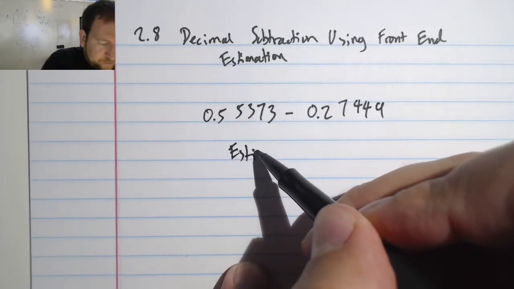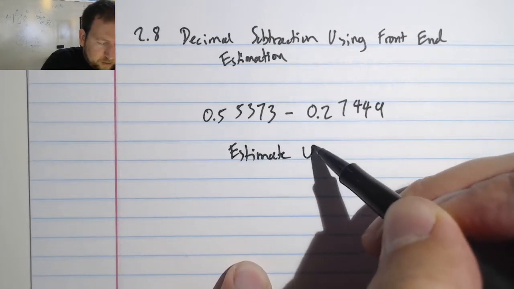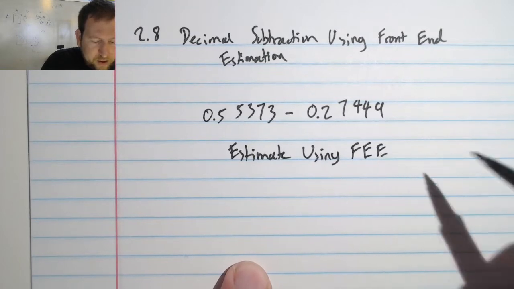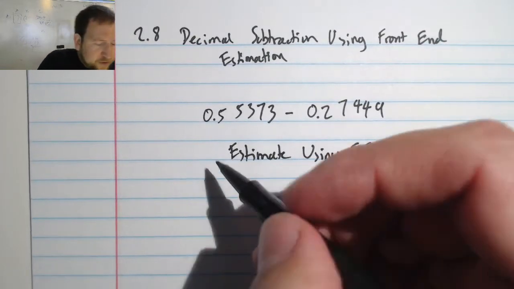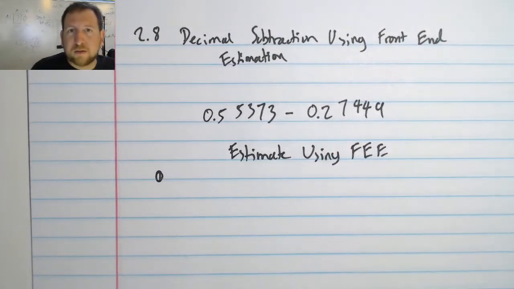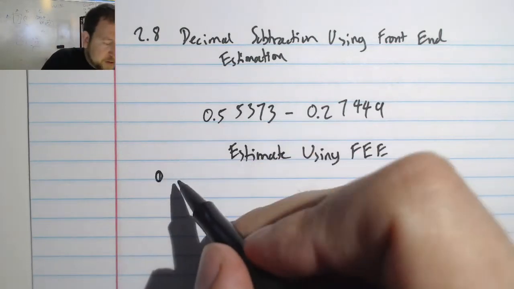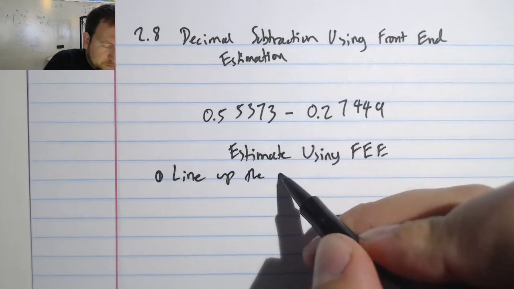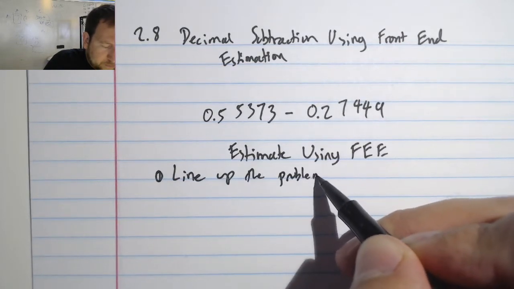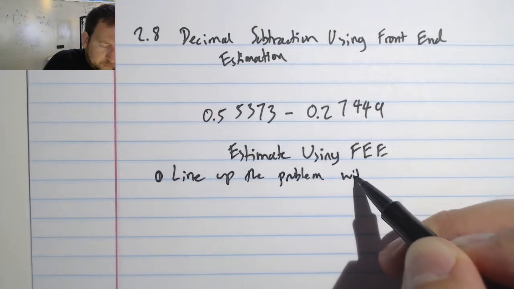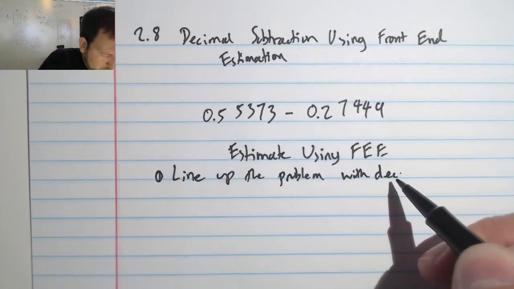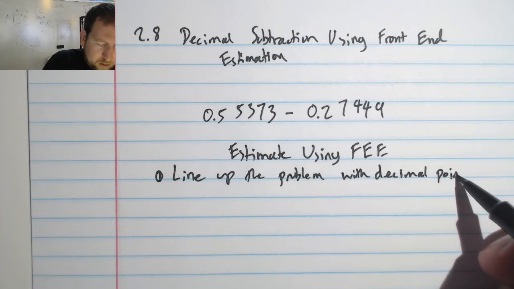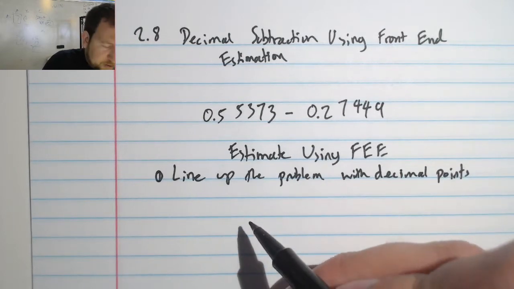Estimate using front-end estimation. All right, so our first step, remember, is to line it up using our decimal points. And if I do that on here, it looks like this.